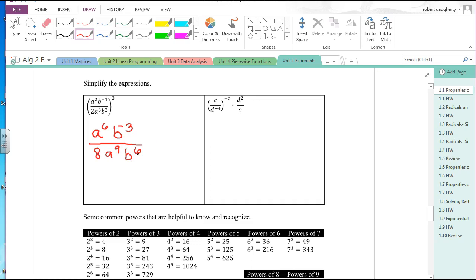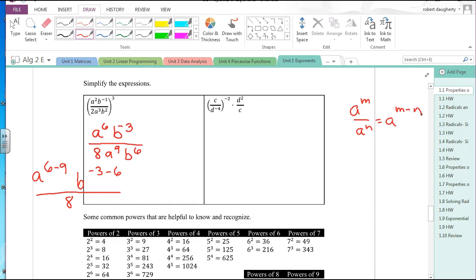Am I done? No, I've got multiple a's, multiple b's, and I've got a negative. So I can write this as a to the 6 minus 9, and then b to the negative 3 minus 6, all of that over 8. Rules of exponents: a to the m over a to the n is a to the m minus n.